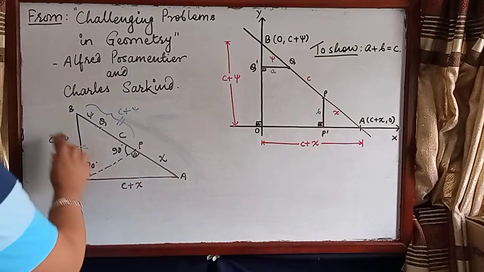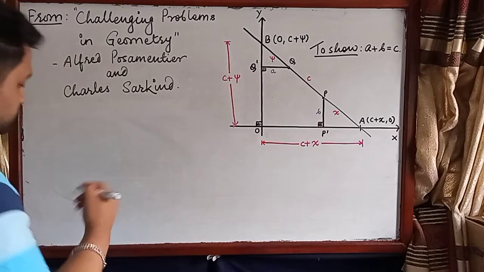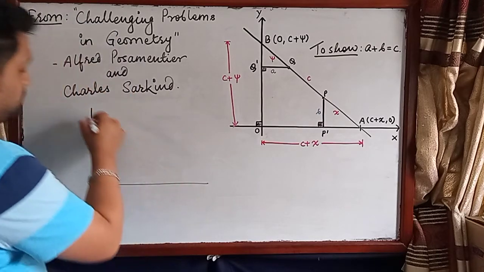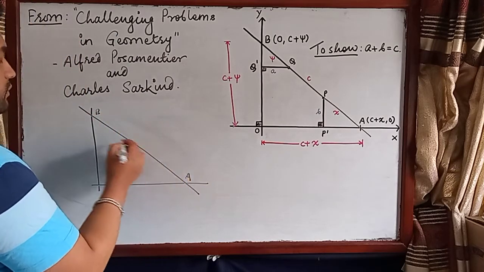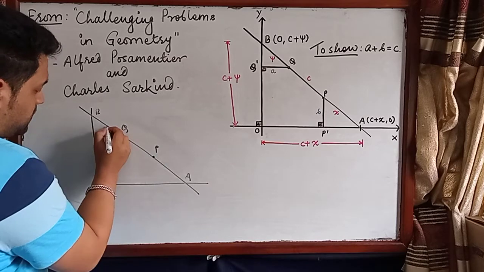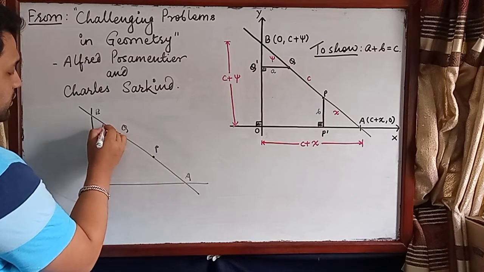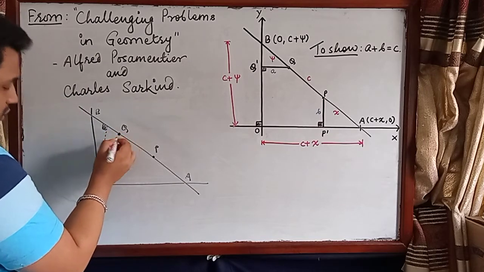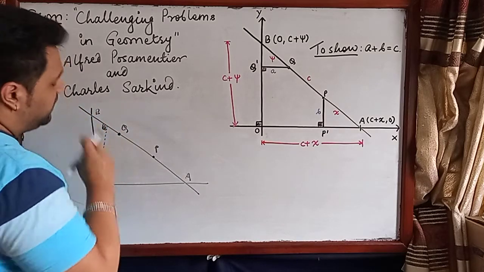Now let's look at the third observation that we should make. B, A, Q, and P. Can the perpendicular from O on AB pass through a point between B and Q?